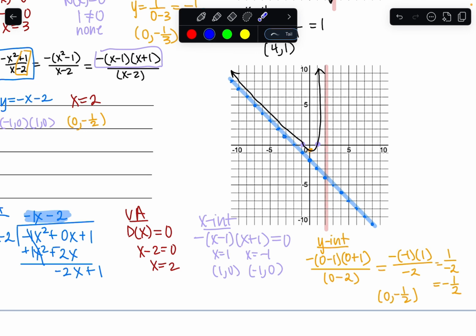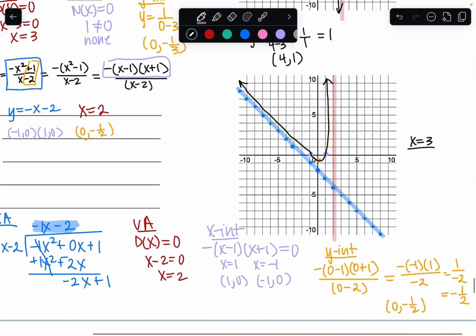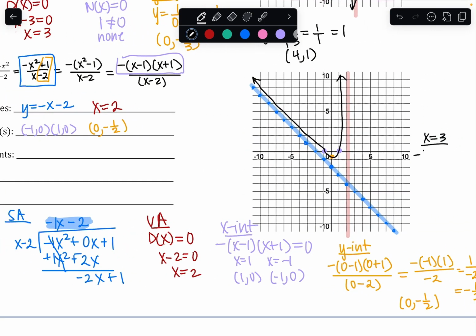And so we need to plug in maybe 3, we could plug in 4, we could plug in 5. I'm gonna go ahead and just plug in x equals 3. And so I'm gonna plug that into the unfactored form. It's negative x squared plus 1 over x minus 2, and we're plugging in 3. And so 3 squared is 9, still have the negative, and then 3 minus 2 is 1.